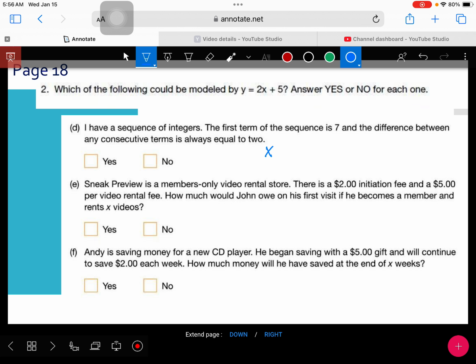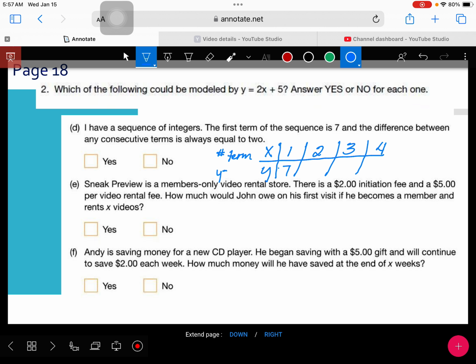All right, so we have X and Y. X is going to be the independent variable, the number of the term of the sequence. So whether you're the first term or the second term or the third term does not determine anything. And it says the first term is a 7.